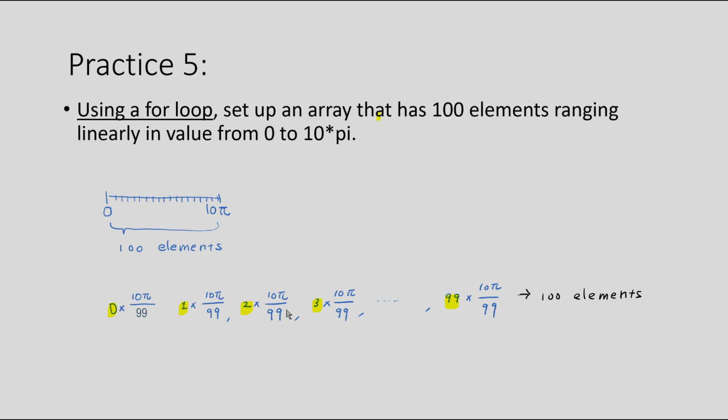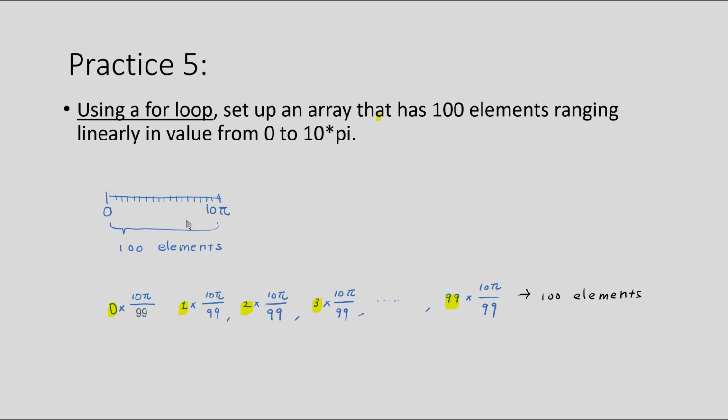Then if you multiply 0 at the very beginning, and 1 and 2 and 3 and so on up to 99, then the 99s cancel each other, so it becomes 10 pi at the very last element, but the first element becomes 0.